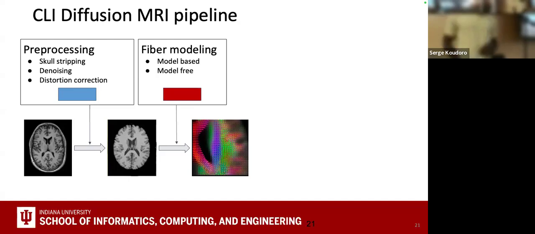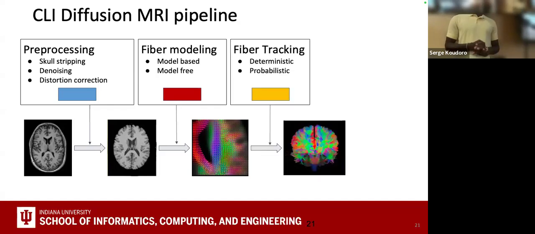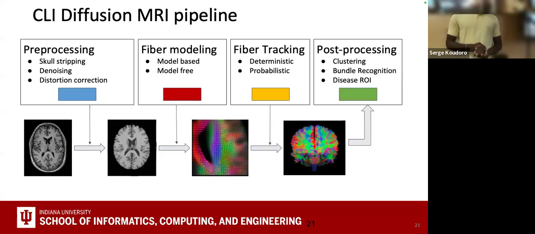Here with the ODF, when you have your data represented in a different way, you can start to do the fiber tracking. With this, you start to get all the parts of your brain. And when you have all the parts of your brain, you can start to make some post-processing analysis. So start to cluster the different parts of your brain, start to get some analytics, et cetera. So the pipeline here is quite straightforward. It's very standard, and this is what everybody in the field actually does.